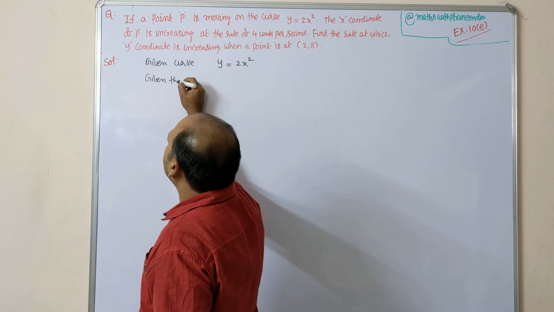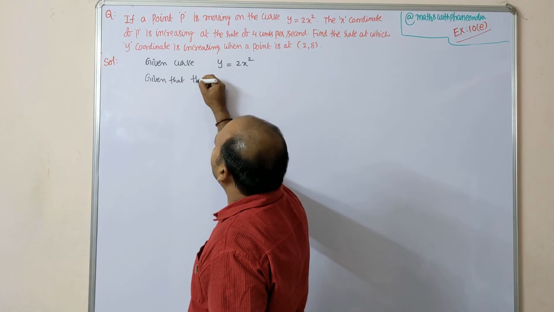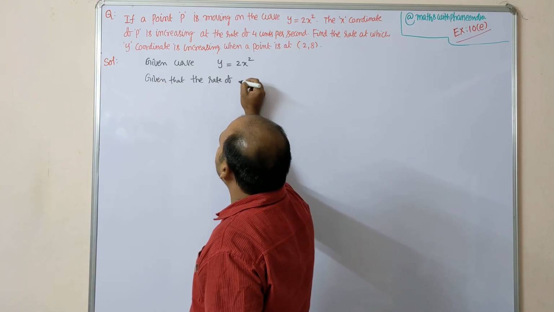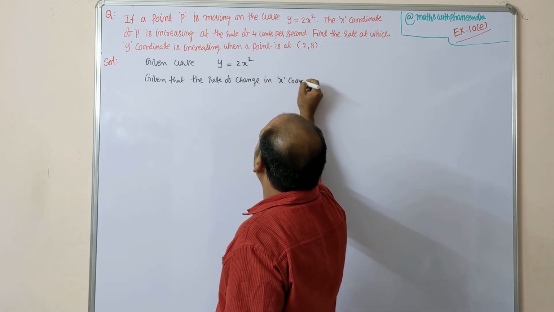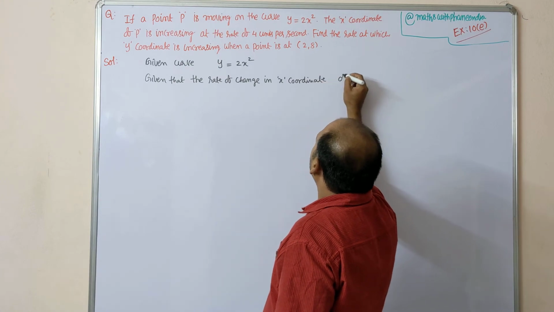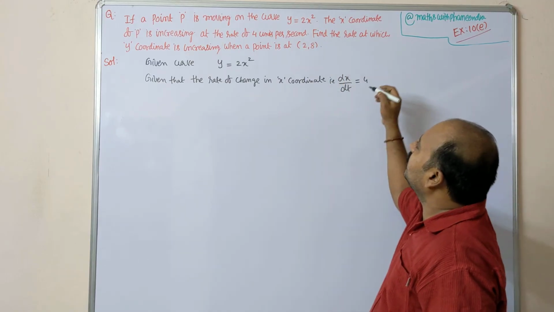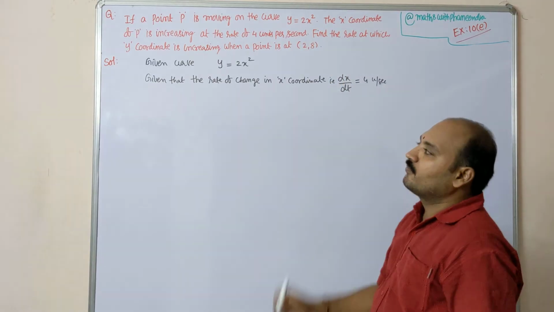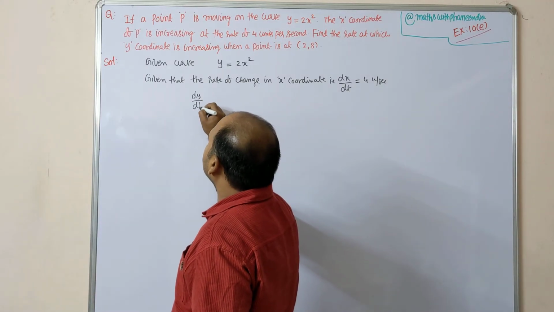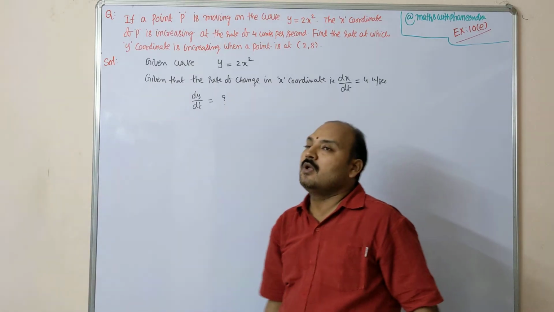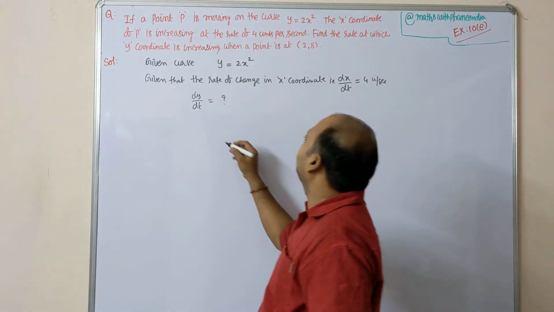Given that the rate of change in x coordinate, dx/dt, is 4 units per second. They are asking to find the rate of change in y coordinate when the point is at (2, 8). So this is the given information, you write it.